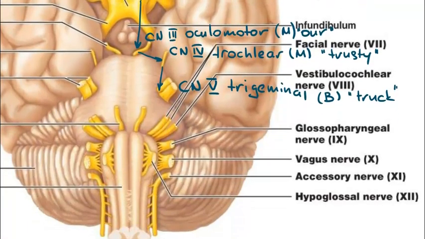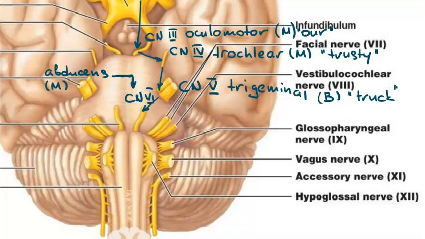From cranial nerve 5, not surprisingly, we go to cranial nerve 6, which is abducens. So this is the abducens nerve.